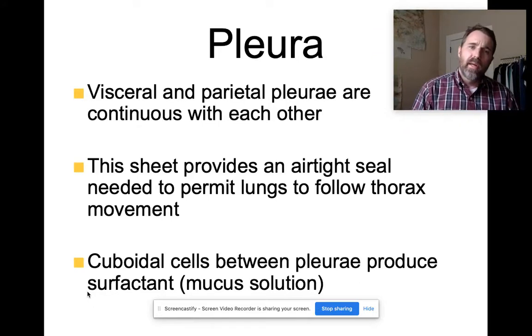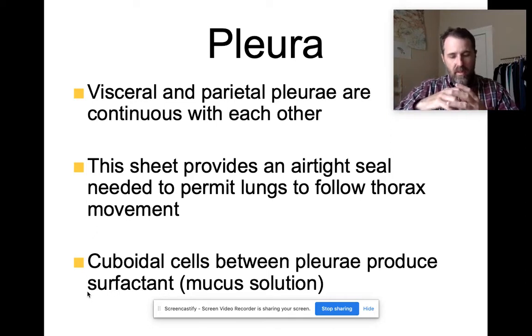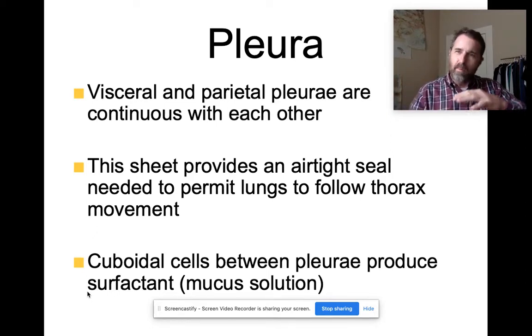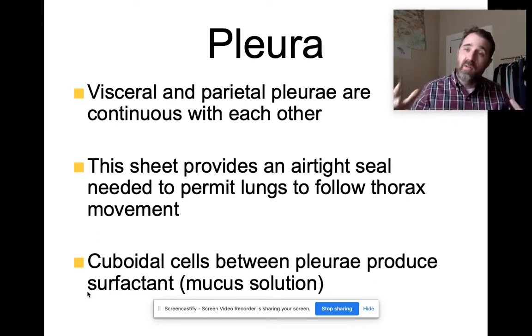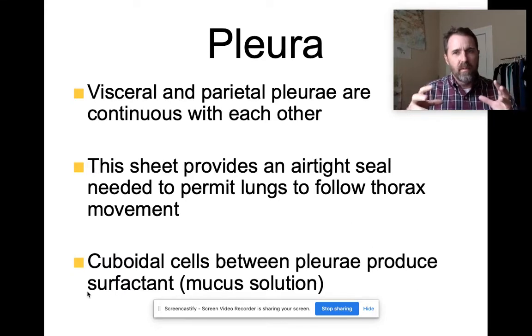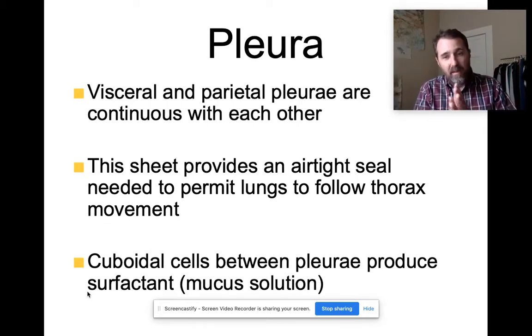So the pleural membranes, to restate what I've already said, the pleural membranes are continuous with each other. The visceral pleura encases the lungs. The parietal pleura is the lining on the inside of the thorax. There is a vacuum between these two layers, so that wherever the thorax goes, the vacuum between the pleura is always there.